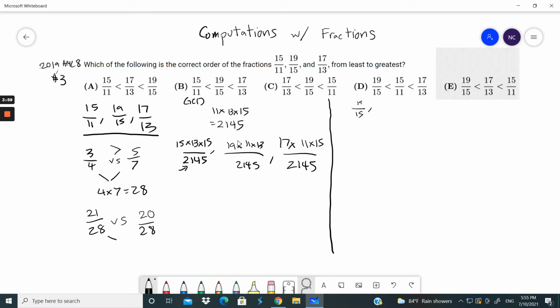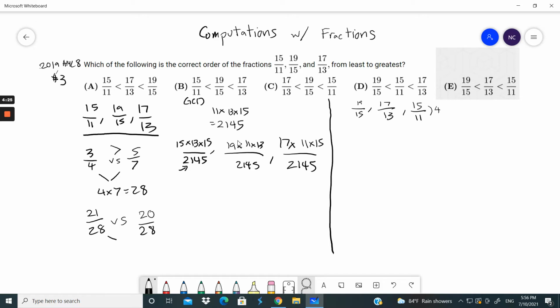This method won't necessarily work for every single problem, but it works because of one specific reason. Each of these fractions, their numerator is greater than their denominator by 4. And what that means is that we can kind of separate them into something that we can understand better.